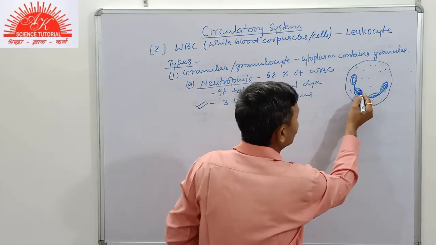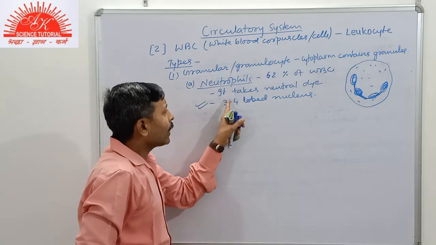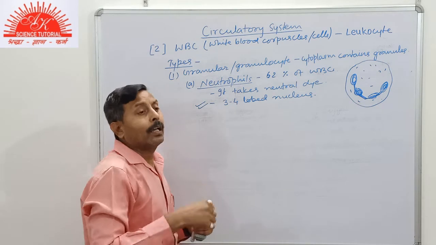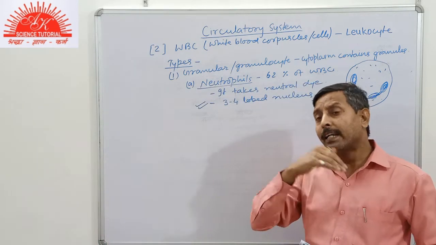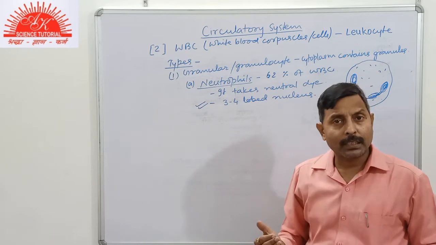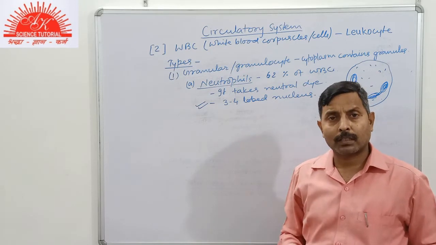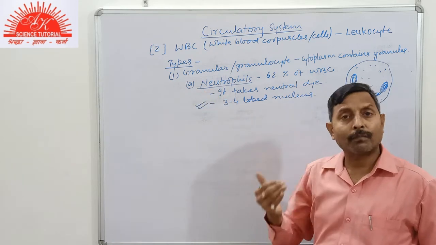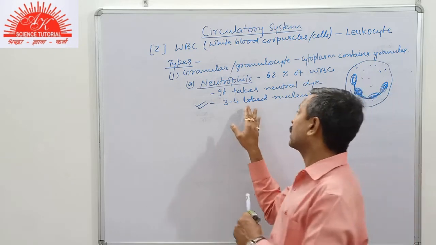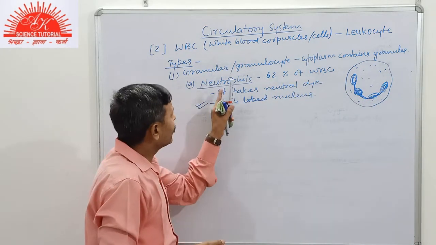So, this is 3 to 4 lobed nucleus. Now, it has maximum number of lobes. In ICC board exam, it was asked to identify the type of WBC which contains 4 to 6 lobed nucleus. Then it is also neutrophil, because the neutrophils have maximum number of lobes. In books it is given 3 to 4, but if 4 to 6 is given, even in that case it is neutrophil.